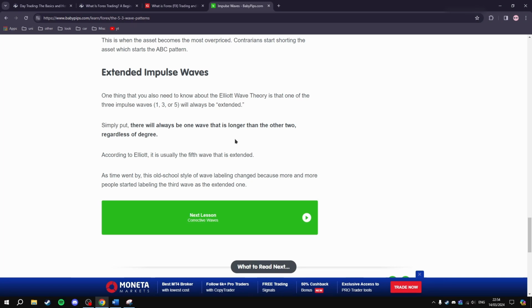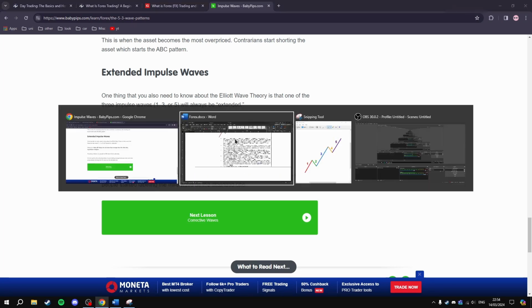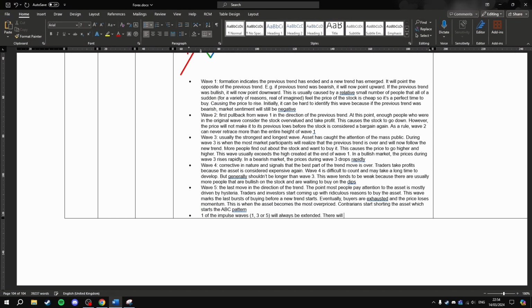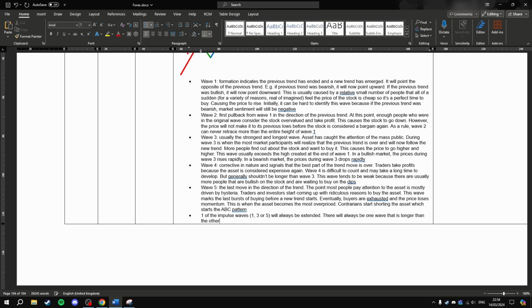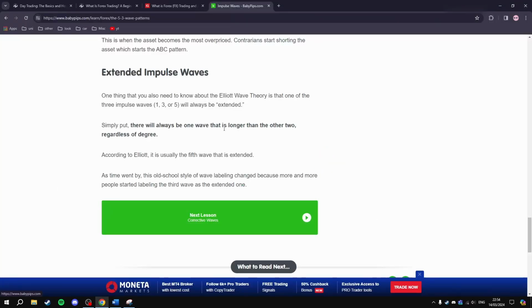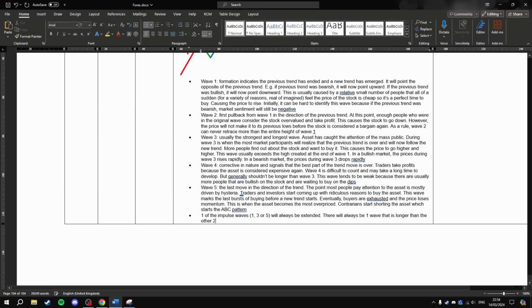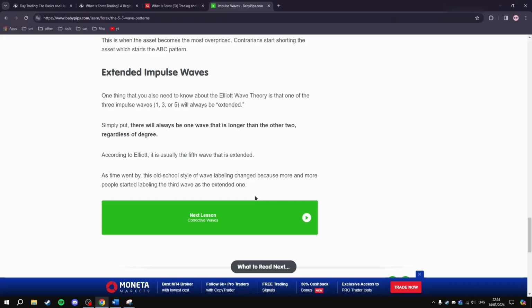Simply put, there will always be one wave that is longer than the other 2, regardless of degree. It could be just a little bit longer, but it's still going to be longer.